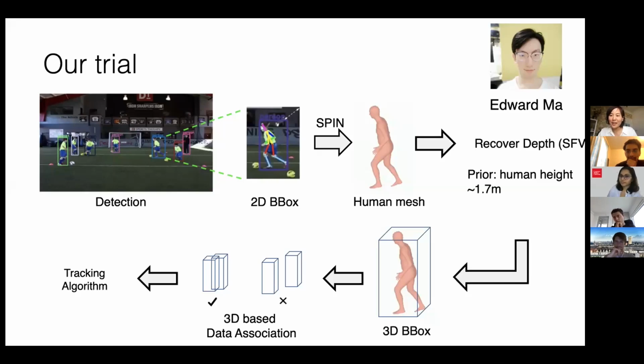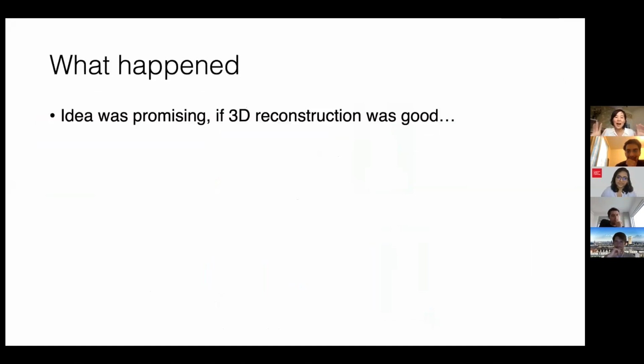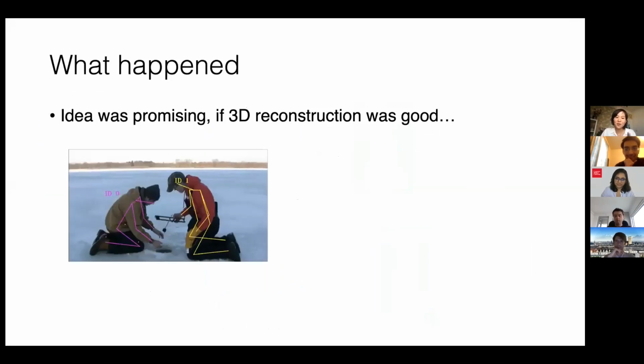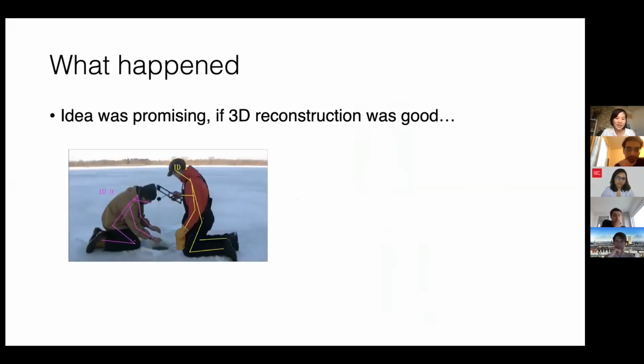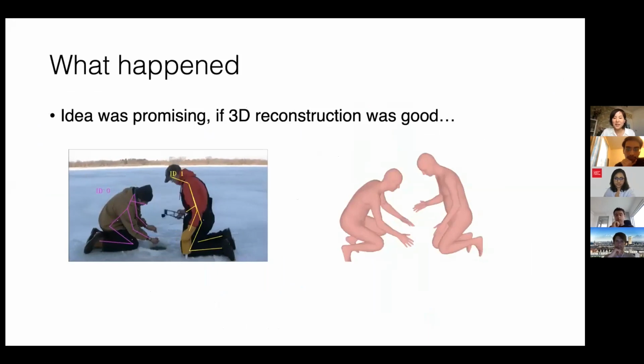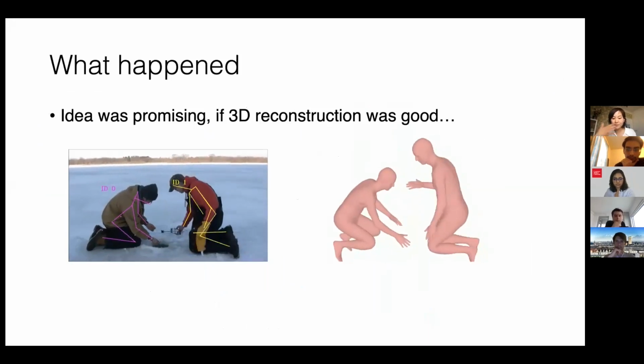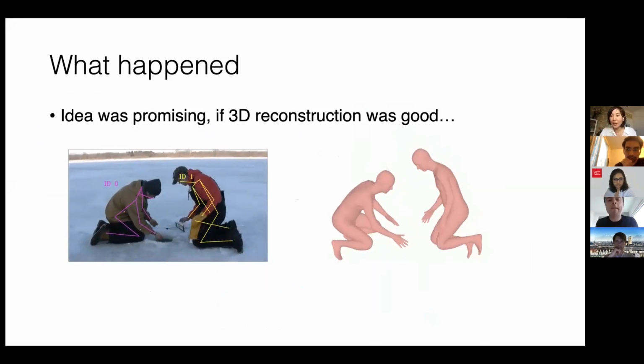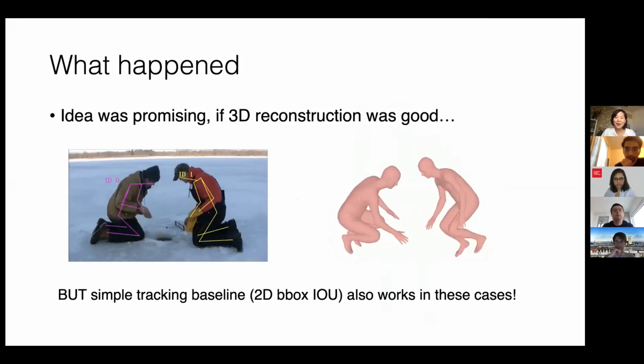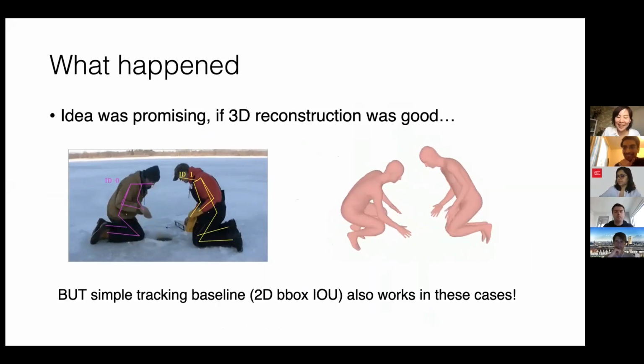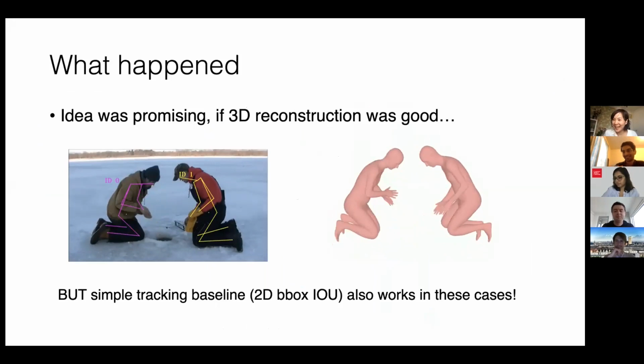But what happened was, the idea was promising if the 3D reconstruction was good. On a video like this, SPIN gave us reasonable results, and we could use this kind of idea. However, in these cases, the simple tracking baseline also worked, and it might have been different if these two individuals crossed over. So I was like, okay, let's look at more challenging cases.